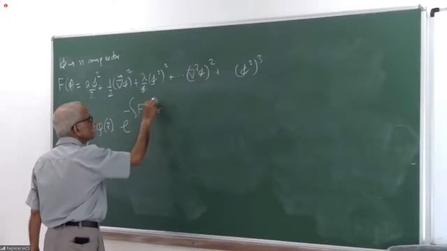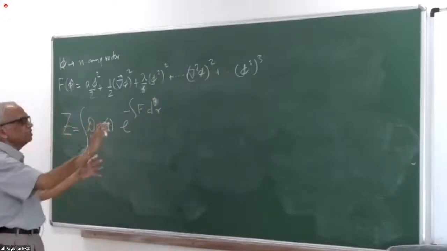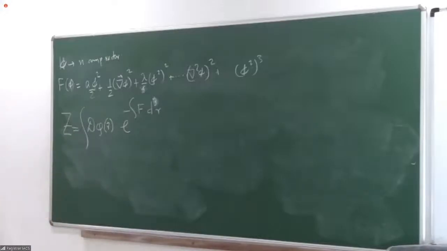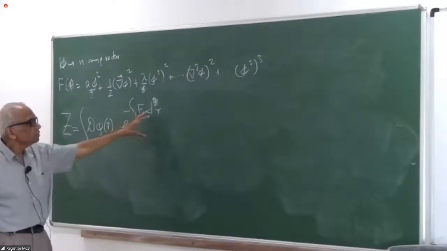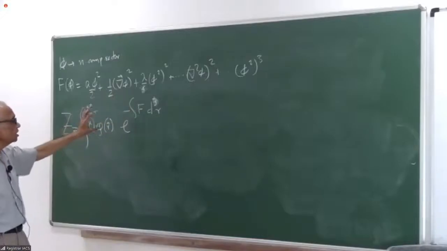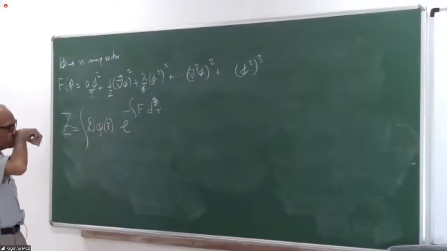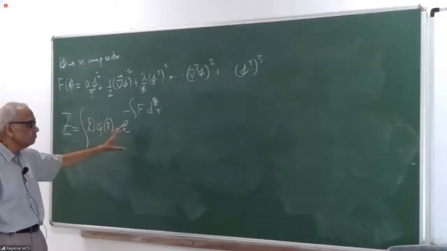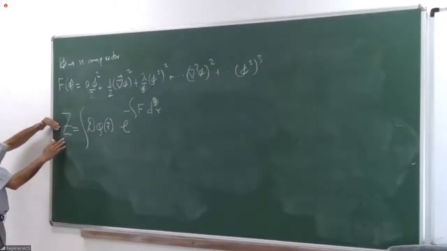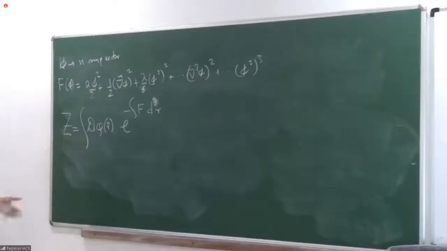Let me just write 3 for now, but whatever I do is going to be true whether it is 3 or 2, you simply have to make the appropriate changes. So integral of d phi of r, e to the power minus f d3r, and that is where we had certainly arrived last time. That gives you the partition function. Thereafter, if you know the partition function, all the other thermodynamic quantities follow, which you know very well.